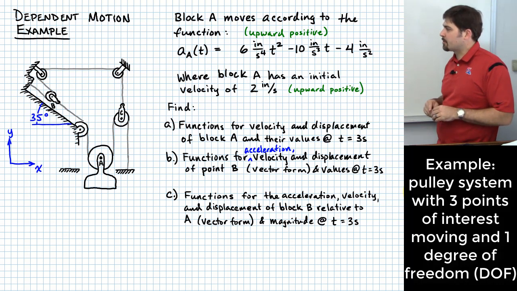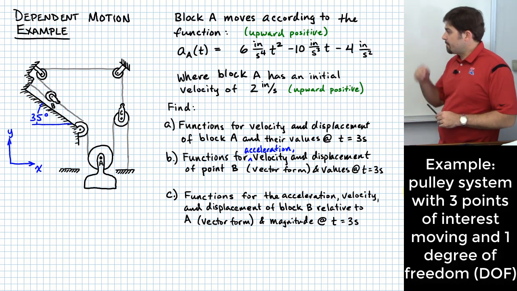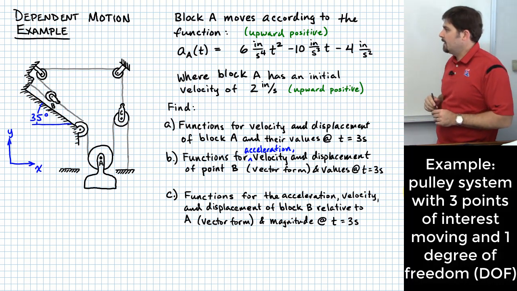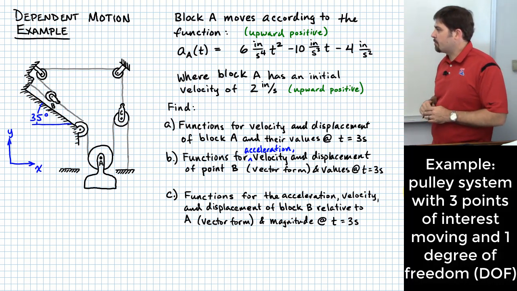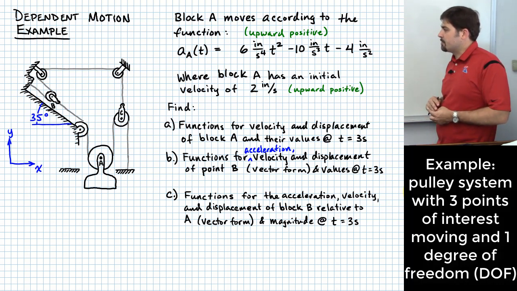I want that in vector form, and I want those values at time equal 3 seconds. Lastly, I want functions for the acceleration, velocity, and displacement of block B relative to block A. Okay, and then the magnitude of that vector, again, at 3 seconds.